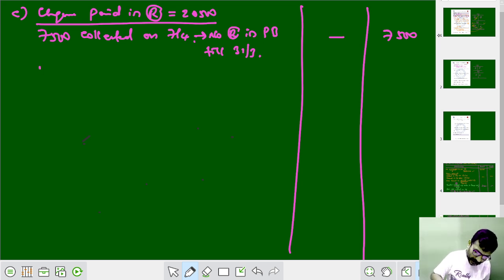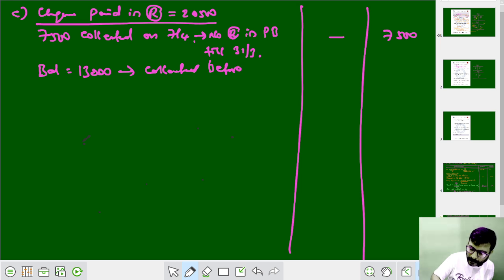What is the balance now? The balance is 13,000. What has been done with it? Collected before 31st March. Collected before 31st March means entered both in cash book and passbook.